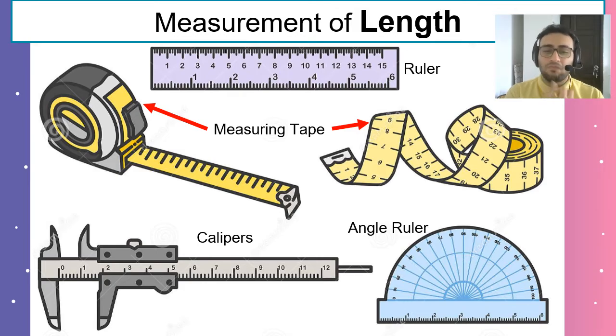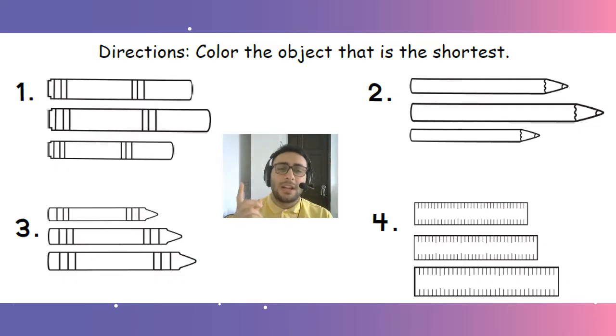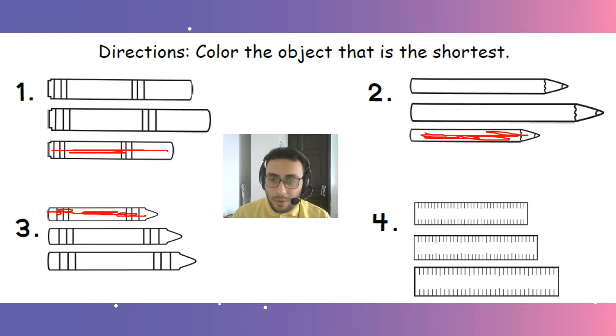Now, let's see. Which one is the shortest? As you remember, this is short, this is long. So we want to know which one is the shortest one. Obviously, this is the shortest one. 2. Easy. This is the shortest one. This one is the shortest one. And 4.